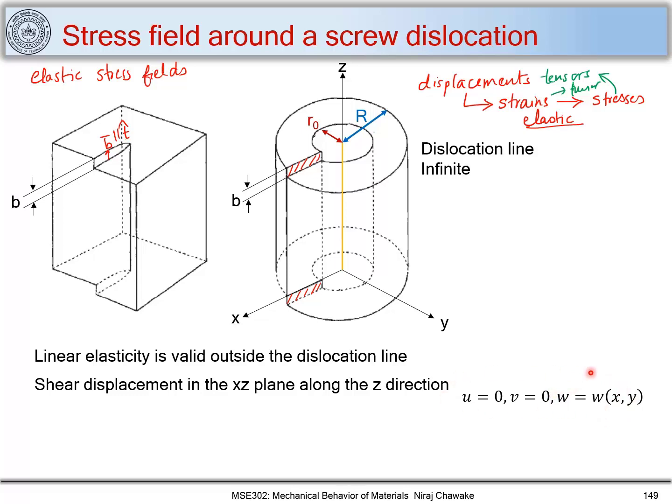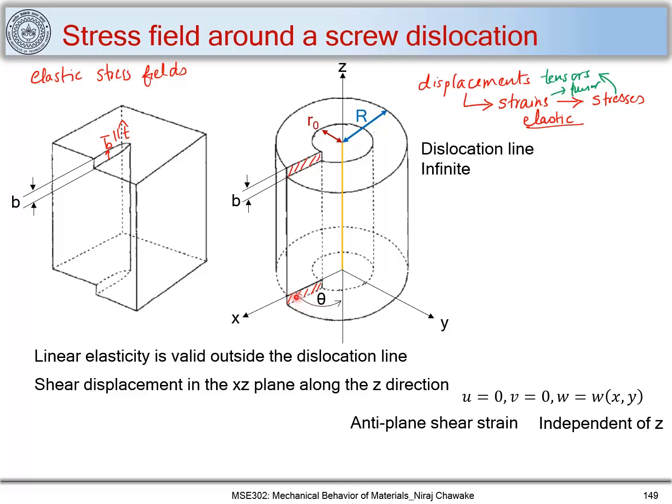This condition, where the displacement along z is independent of z and you don't have displacement along x and y, is called antiplane shear, and the corresponding strain is called antiplane shear strain.